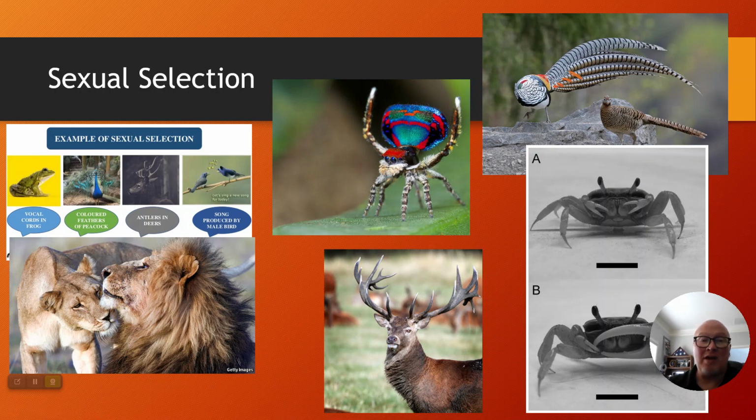Peahens prefer male peacocks with brightly colored tail feathers. Female fiddler crabs prefer males with one huge claw, and so that's a trait that is selected for as a result of sexual selection.